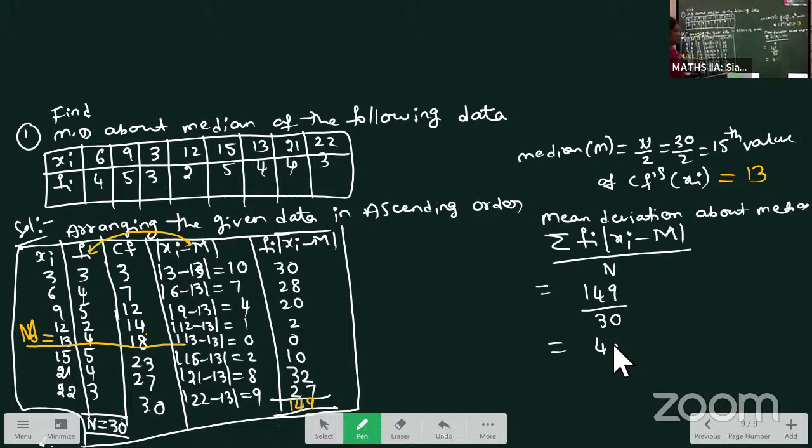Approximately you can take 4.97. This is the mean deviation about median. This is how we find mean deviation for discrete grouped data.